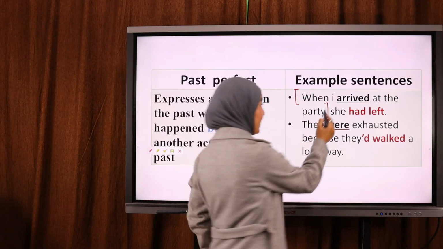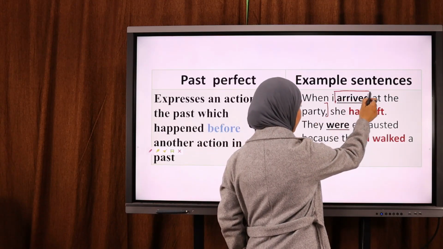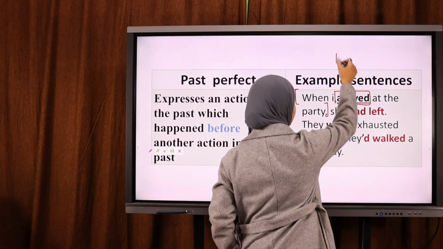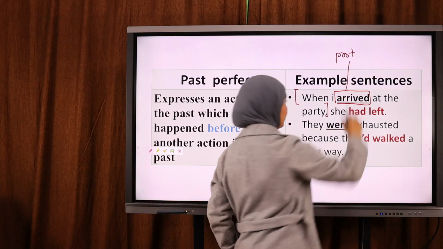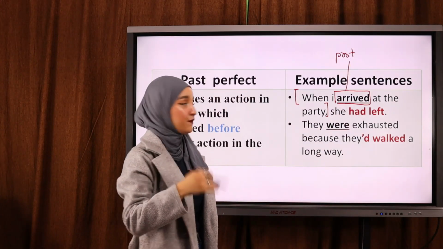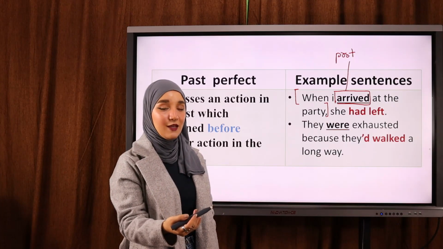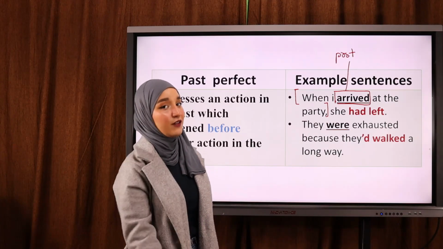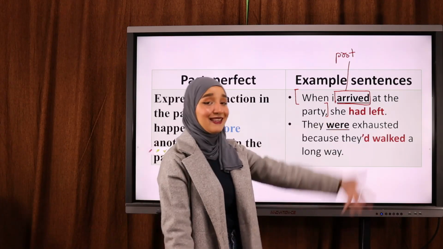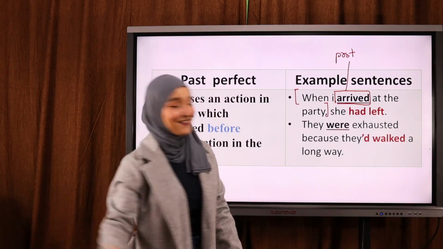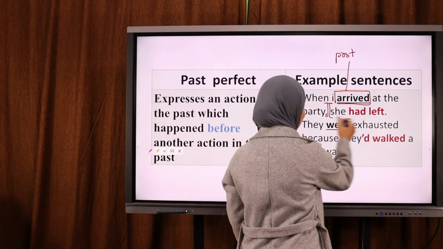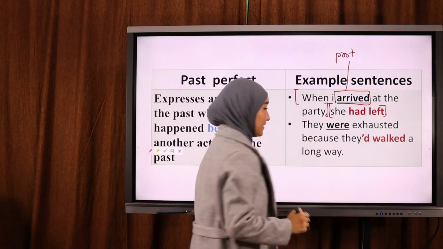So this action, I have underlined the verb arrived. So this action happened in the past. جرت في الماضي. Arrive, أصل الفعل arrive. In the past, arrived. وصلت إلى الحفلة, in the past. She had left. كانت قد غادرت. Okay? She had left. This is the second action.